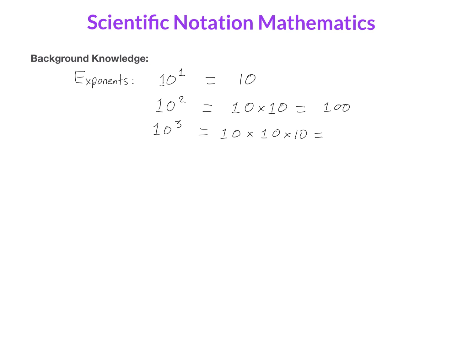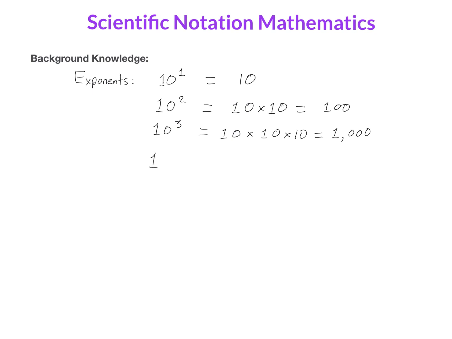That's what the exponent means. 3 times, I'm multiplying 10. What does that equal? It's equal to 1,000. Okay, so 10 to the 1, 10 to the 2, 10 to the 3. The one exponent that I want to talk about right now that we're going to want to think about a lot for this presentation is going to be this one.